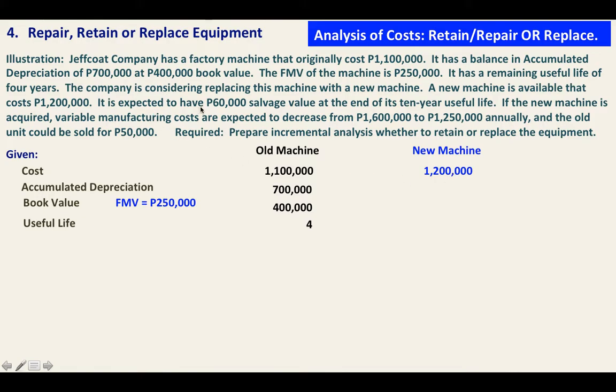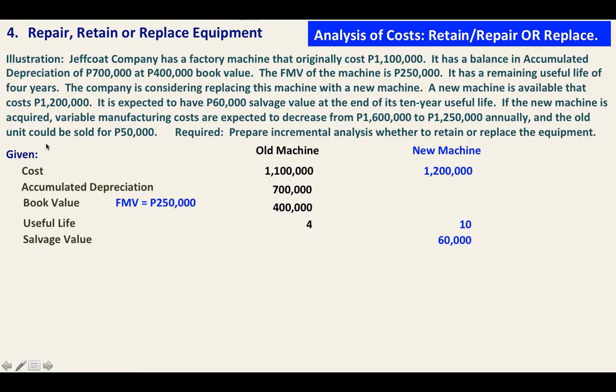It is expected to have 60,000 salvage value. So the salvage value of the new machine is 60,000. Salvage value is the value that remains after the useful life. Okay? So the useful life here is 10 years for the new machine. So it means that after 10 years, you can sell it at 60,000 whatever the condition of the machine. Okay.